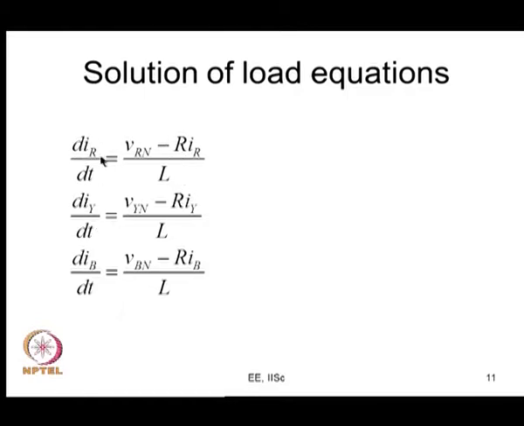You can integrate dir by dt, that will give you IR, and once you have IR, you can multiply it by R and subtract from VRN, the whole thing divided by L. So, you will have a loop, a first order dynamic system. This will be another first order system, and another, you can just solve them, they will give you IR, IY and IB.